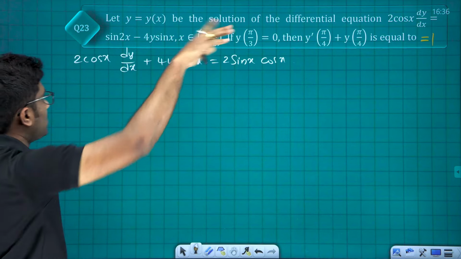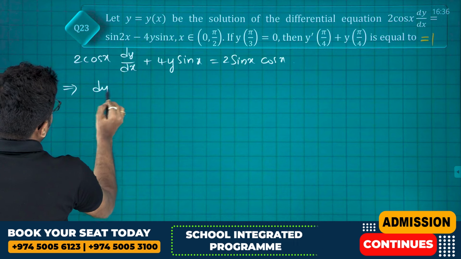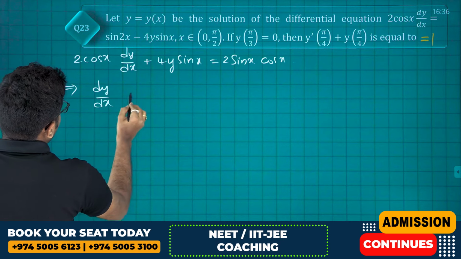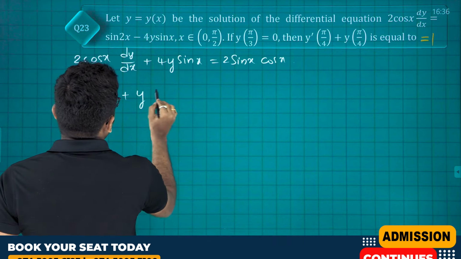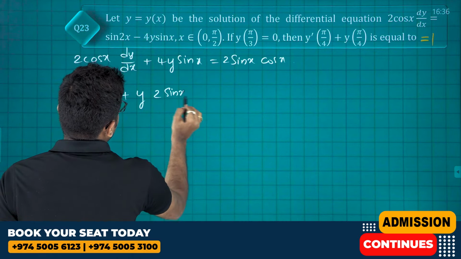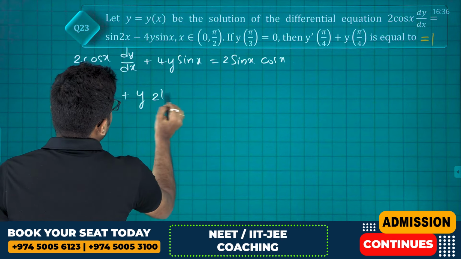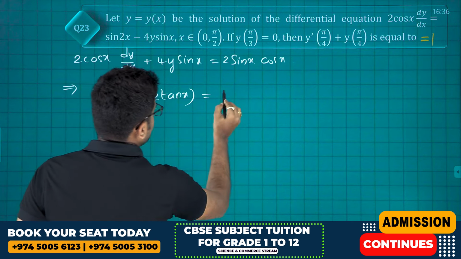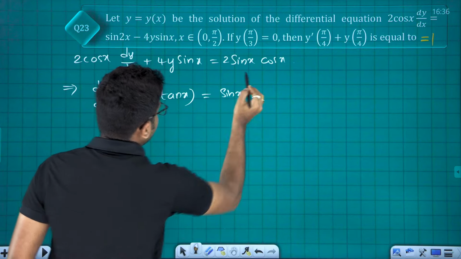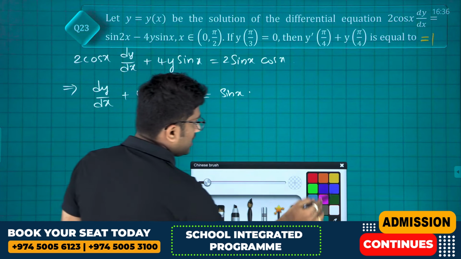Now divide both sides by 2 cos x. So we get dy by dx plus y times 2 sin x by cos x, that is nothing but 2 tan x, equals sin x. Clear? That's it. Now this is clearly an LDE.